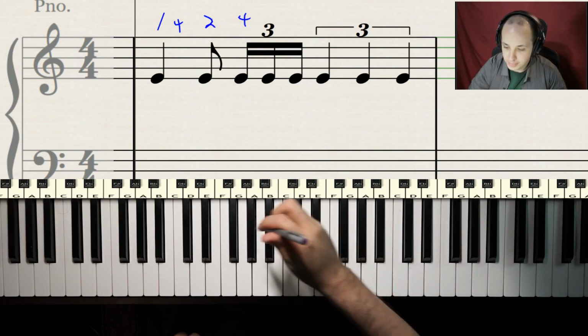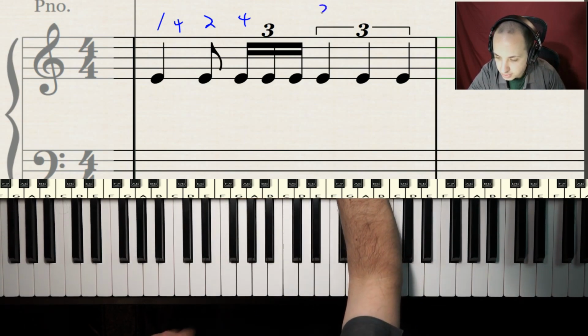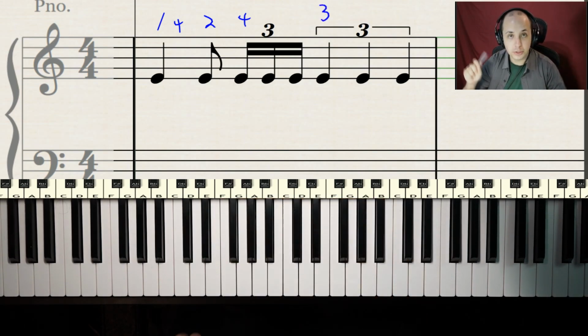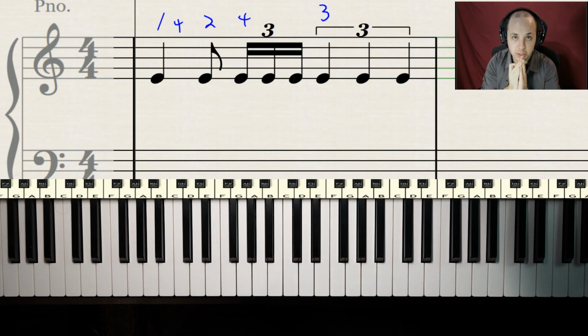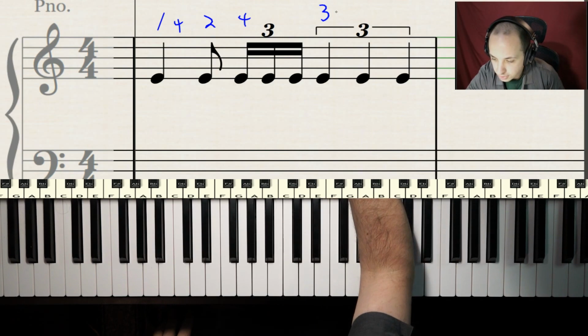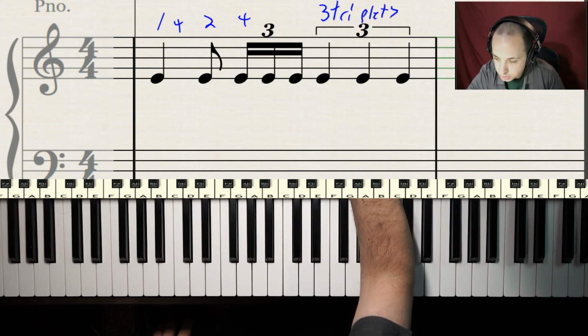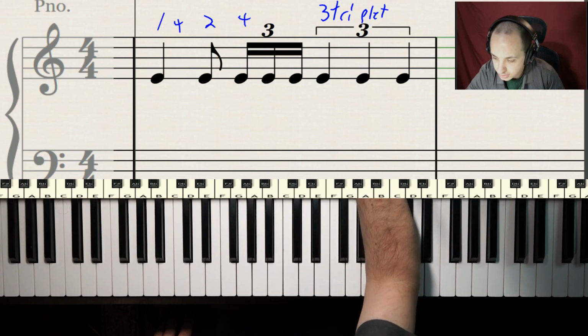So perfect. Now remember that you're going to count 3 triplet, 4 triplet, as if they were 8th note triplets, but then you're going to group them by 2 for each quarter note. So you have 3 triplet, 4 triplet. That's how counting works.